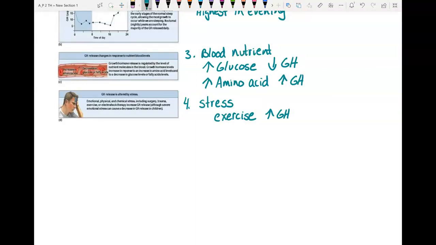However, if it's bad stress, like trauma, like a parent dies, or kids who are abused or neglected, who have really bad stress, that will decrease growth hormone and can stunt growth. And you especially see this in abused and neglected kids can have stunted growth.